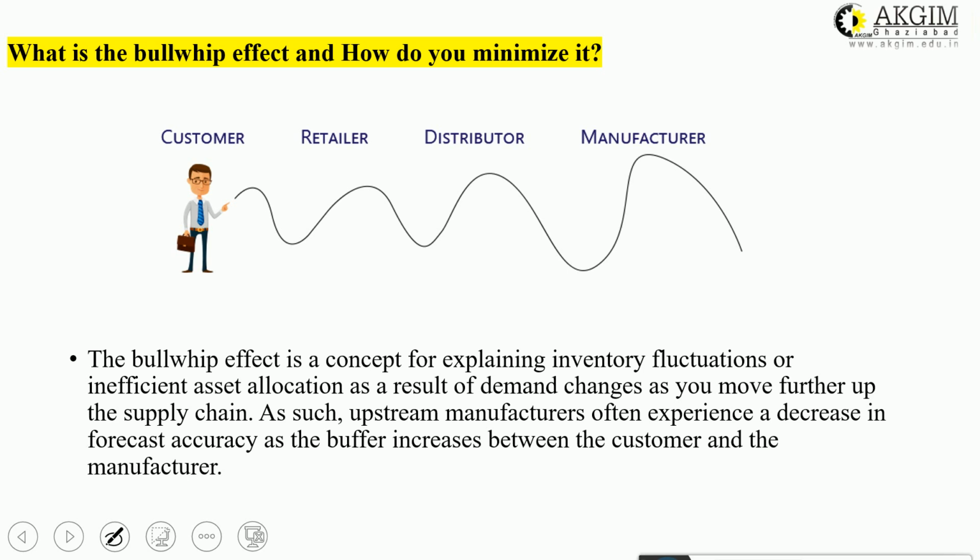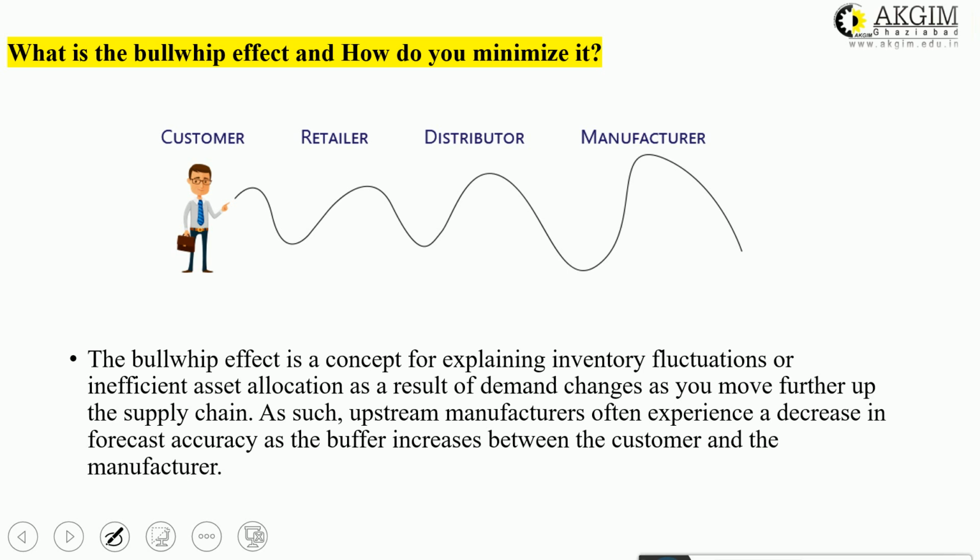As you go back, the effect is named after the physics involved in cracking a whip. When a person holding a whip snaps their wrist, the relatively small movement causes the wave pattern to increase in a chain reaction. So in supply chain management, customers, suppliers, manufacturers, and salespeople all have only partial understanding of this demand and direct control over only part of the supply chain.